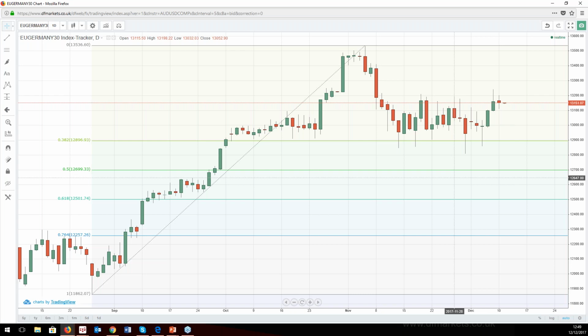That can see markets sticking around round numbers, which is an interesting phenomenon with respect to equity indices, because the options are all based on round numbers.